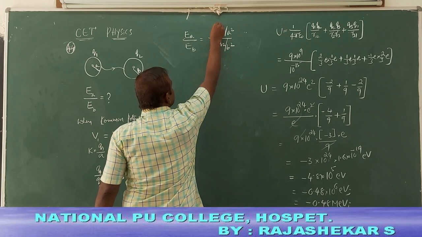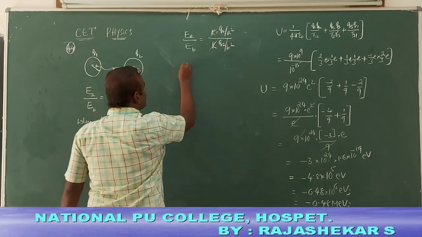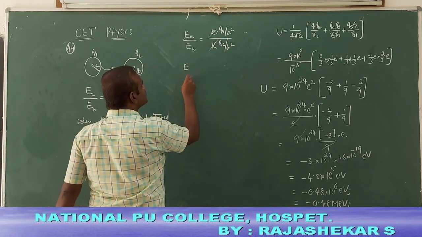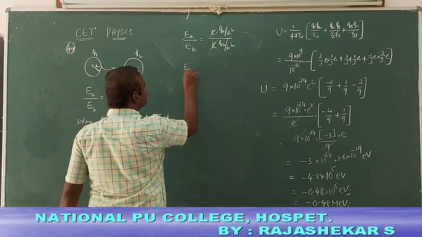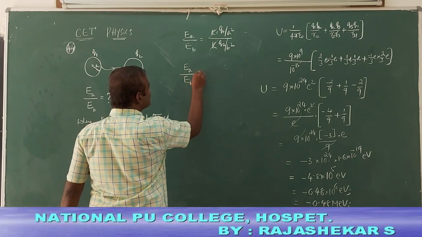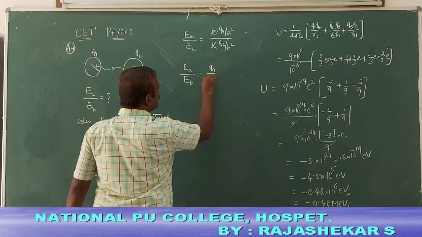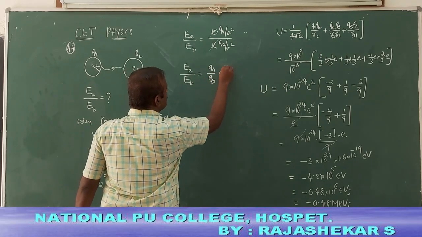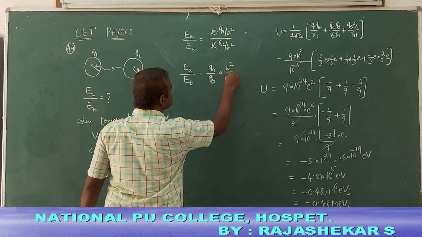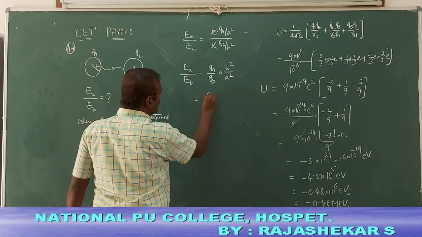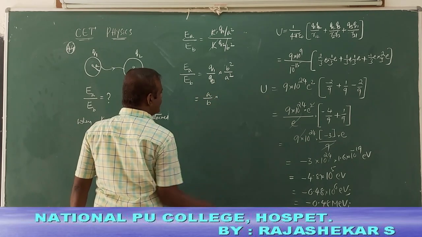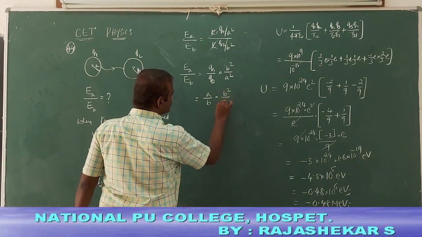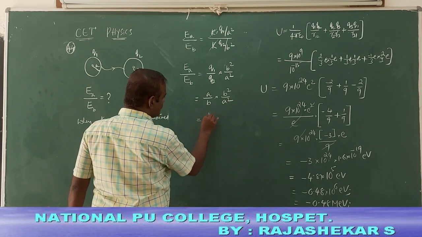With this cancel, and what is Q1 by Q2? That is A by B. Q1 by Q2 into B square by A square. A by B into B square by A square. This will become B by A.